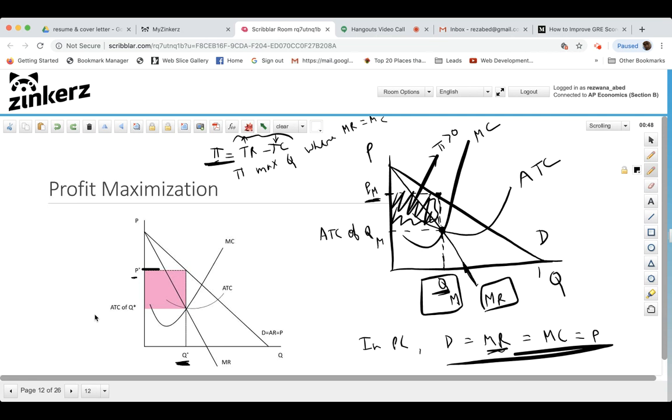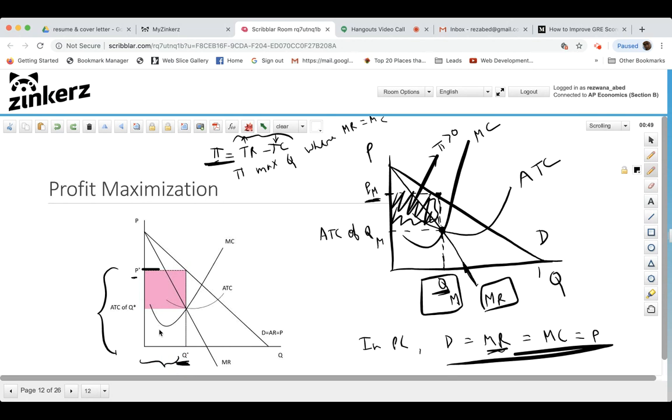For the pink region, it's profit, right? Yes. So then the average total cost is below, and from P star to zero, it's marginal revenue. No, so P star to zero, this times this, this entire box, that would be your total revenue.